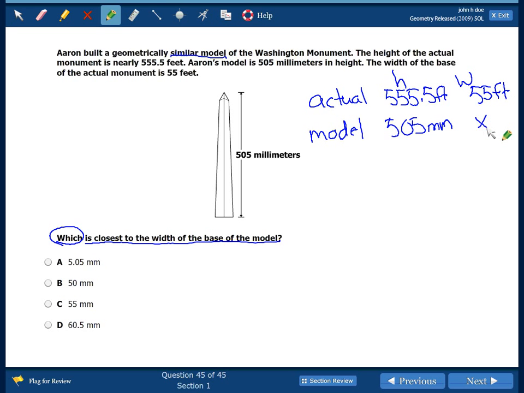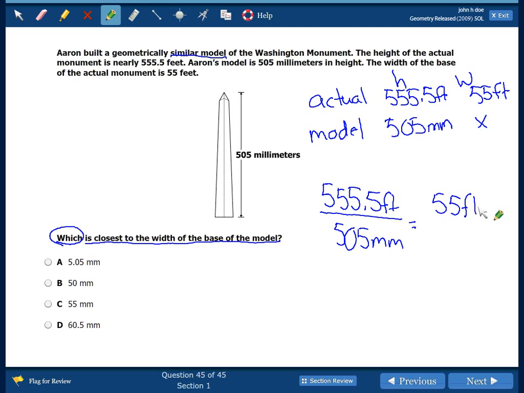We're looking for X. Whenever we set up the proportion, we put one thing on the top, so we're going to use the actual: 555.5 feet over the model, 505 millimeters, equals 55 feet over X.